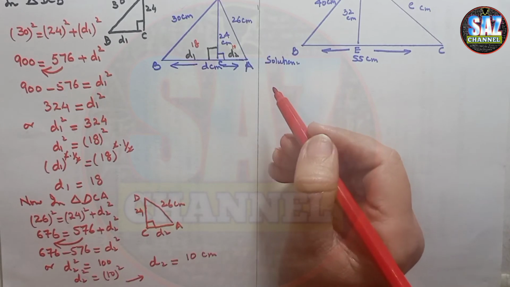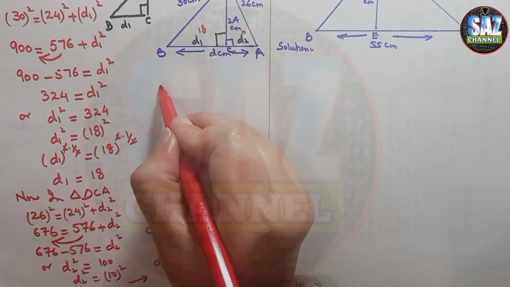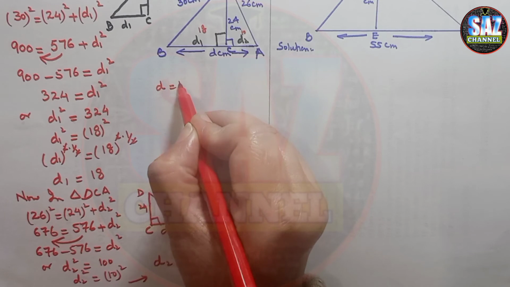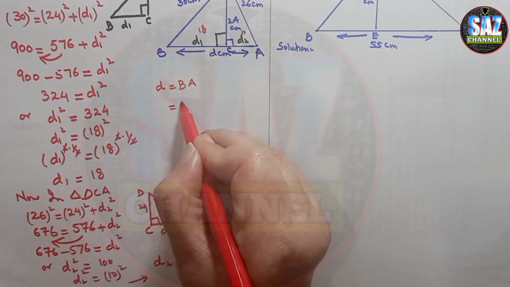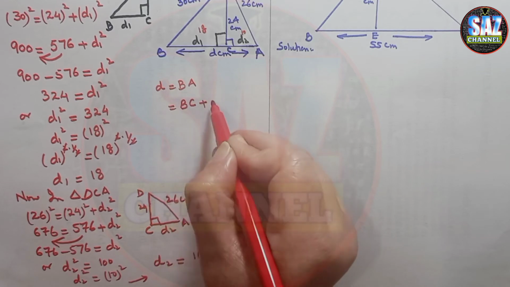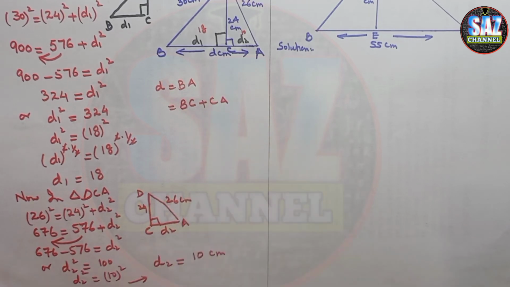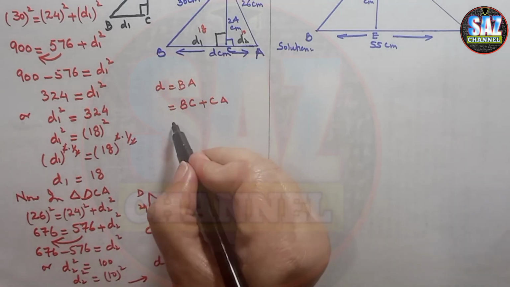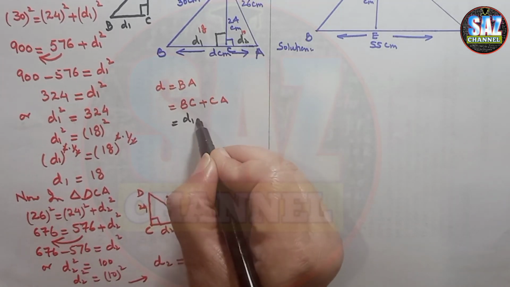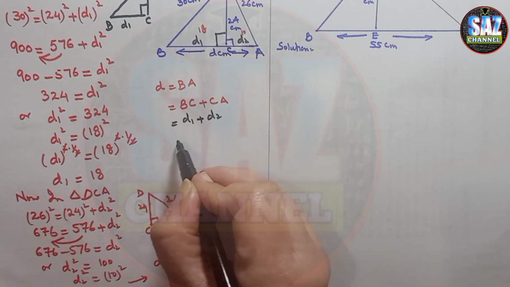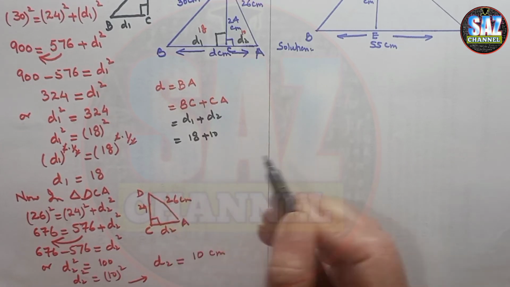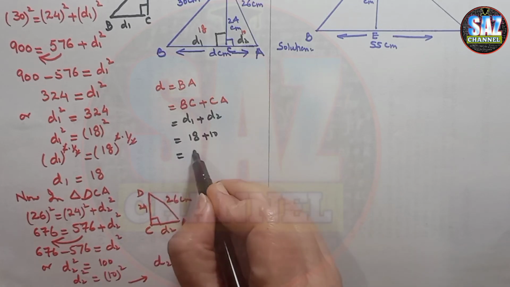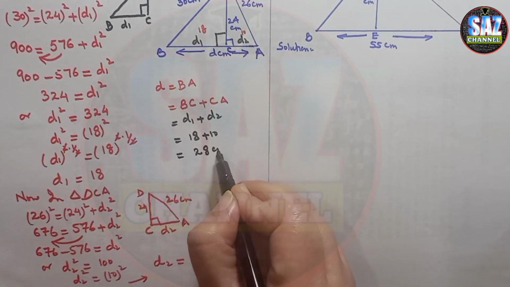The actual requirement of the question is D, which is equal to BA, which is equal to BC plus CA, and BC is 18, or we can write it as d1 plus d2, and d1 is 18 plus 10, which is equal to 28 centimeter.